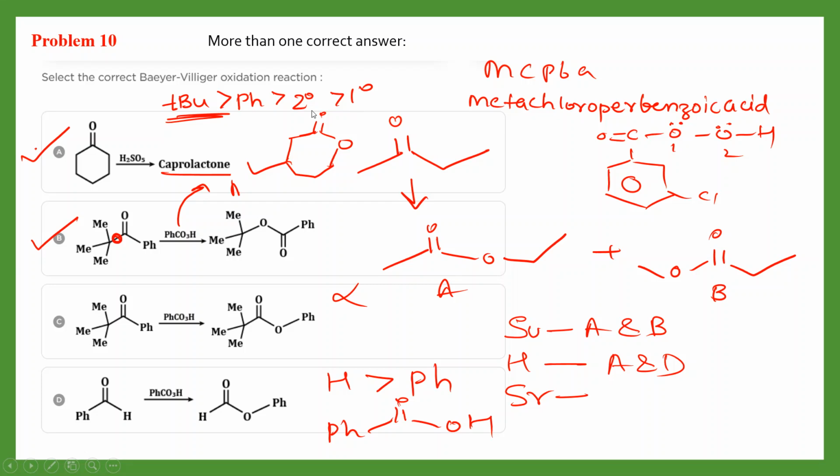If we have a carbocation question, like Wagner-Meerwein rearrangement, there phenyl will come ahead, then t-butyl, then secondary, then primary. This outcome we got from experimental results. Understood? So you have to memorize here: t-butyl first, then phenyl, then secondary, then primary.